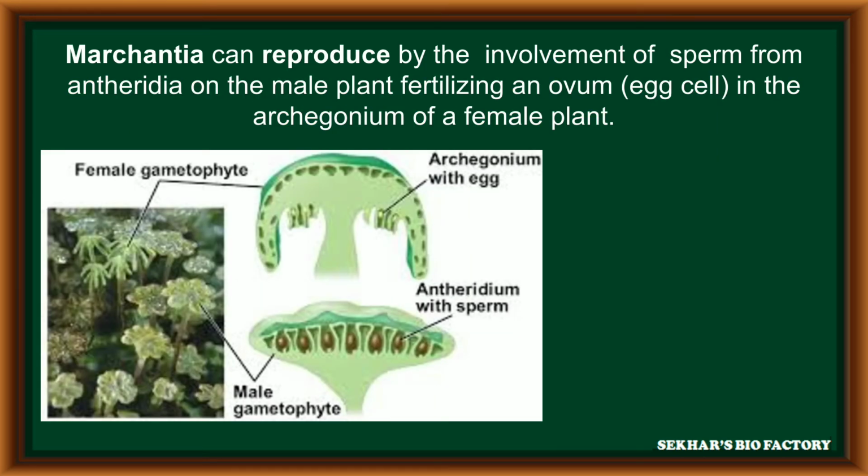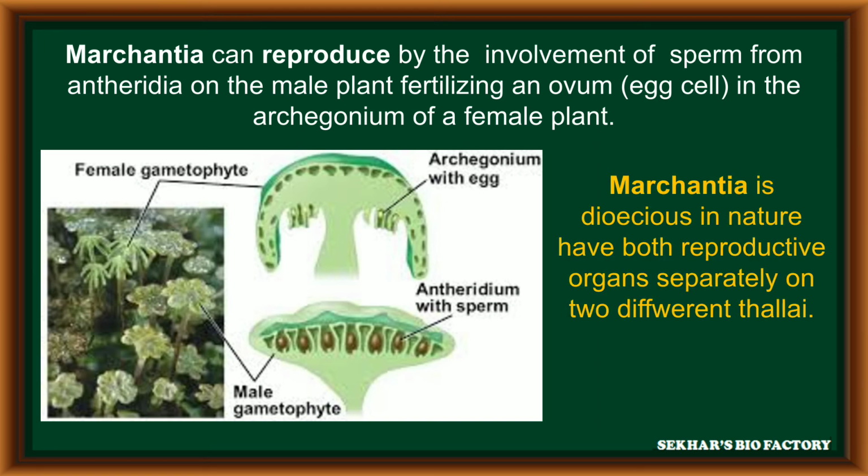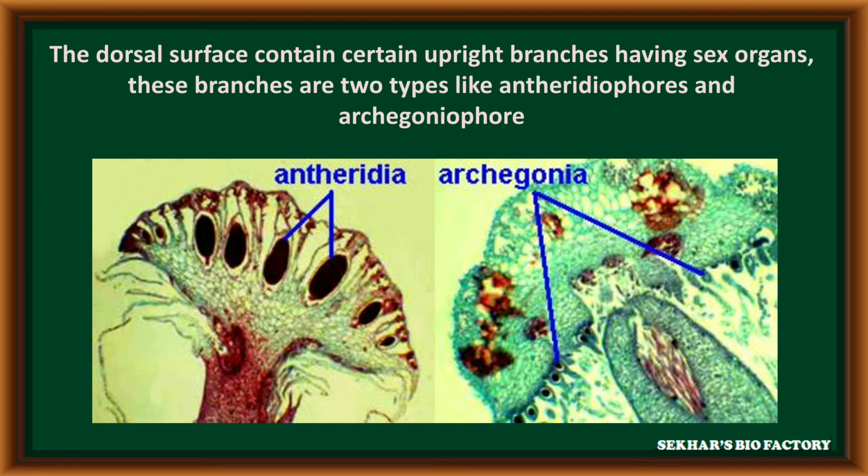Marchantia can reproduce by involving sperm from the antheridium on the male plant, fertilizing an ovum or egg cell in the archegonium of the female plant. Marchantia is dioecious in nature, having male and female reproductive organs separately on two different thalli. The dorsal surface of its plant body contains upright branches having sex organs.